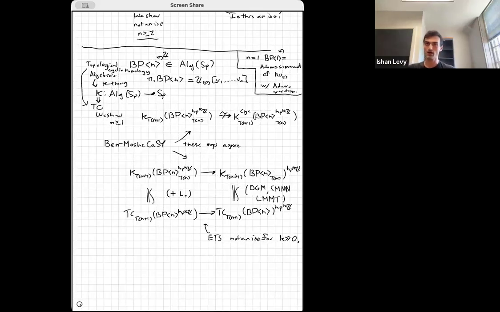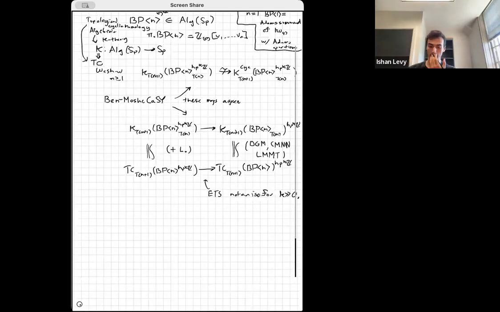So how do you show that? Well, the key point is that to show that some map Tn plus one locally is not an isomorphism, by definition of the Tn plus one localization, it's enough to show that the map after tensoring with a telescope is not an isomorphism.